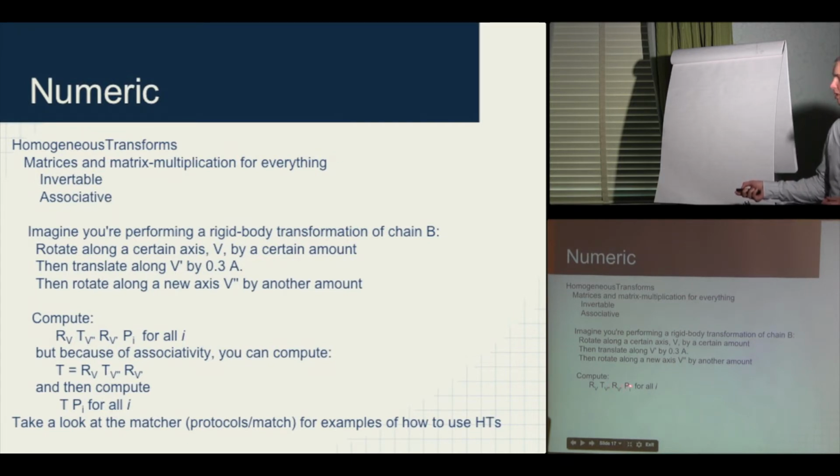And then you compute that for point P_i, for all i, in all the coordinates in chain B. Because of associativity, you can compute this single transformation, which is the multiplication of a rotation, a translation, and another rotation, and have that compactly represented as a single transformation. Then you can get away with computing just this one matrix-point multiplication for all of your points.